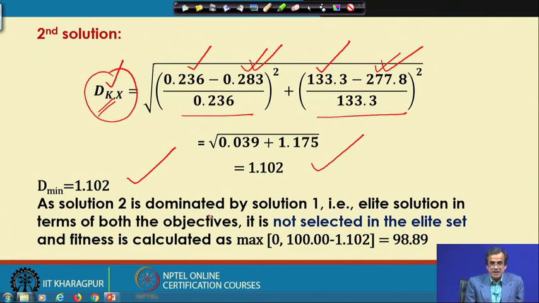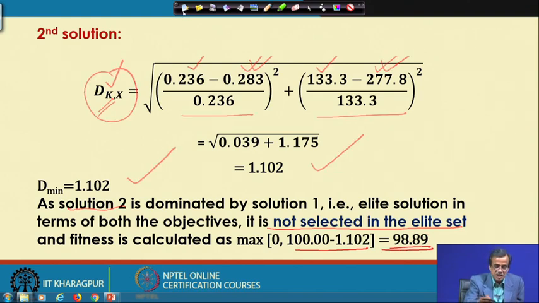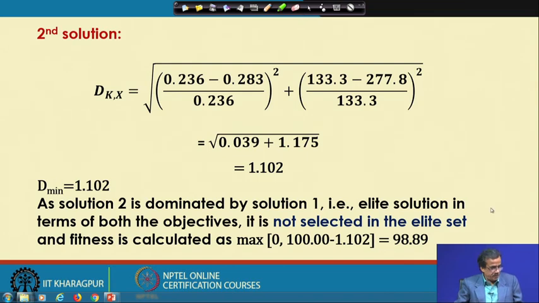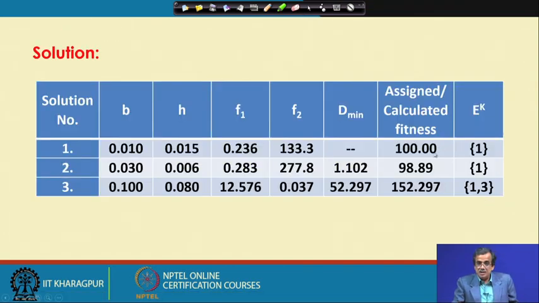Now, as solution 2 is dominated by solution 1, the elite solution in terms of both objectives, solution 2 is not selected in the elite set, and its fitness is calculated according to the rule of DPGA: the maximum of 0 and the fitness of the non-dominated solution, that is 100.00, minus this d minimum 1.102, which is 98.89. So, using this I can find the calculated fitness, that is 98.89.